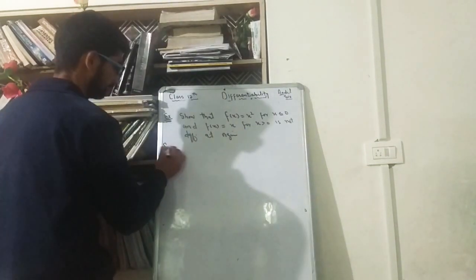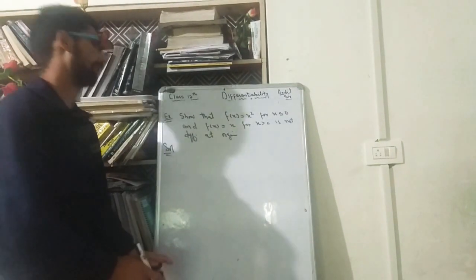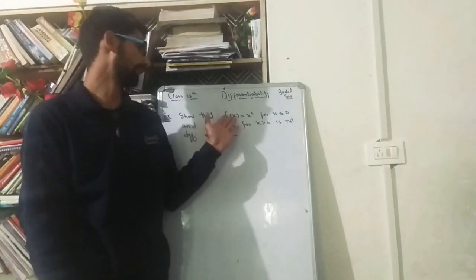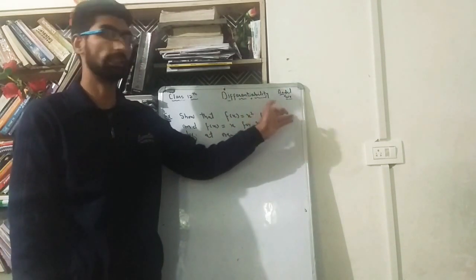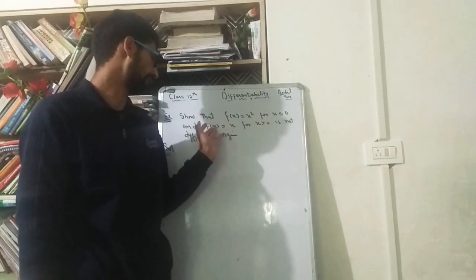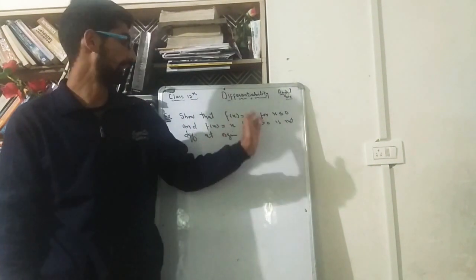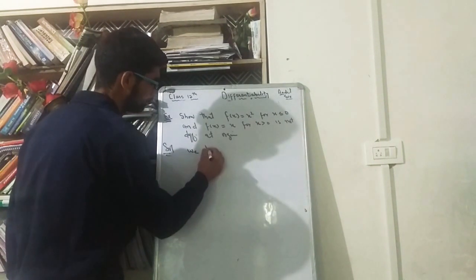So, solution, you write down like this. We have a function f of x that gives us x square when the values of x are less than or equal to 0, but it gives us the identity function, f of x is equal to x, when the values are greater than 0.